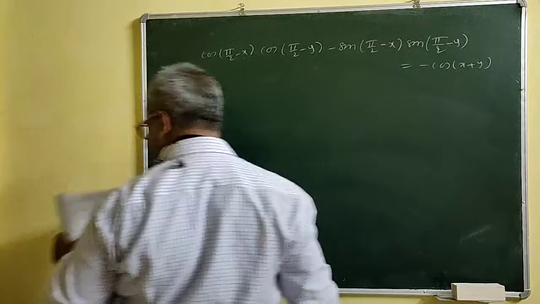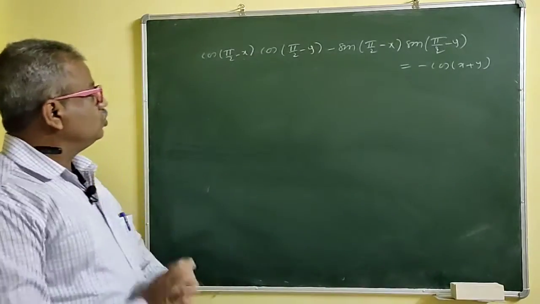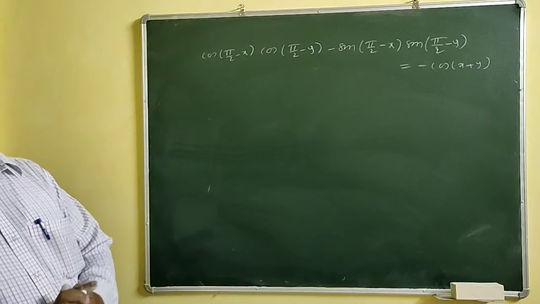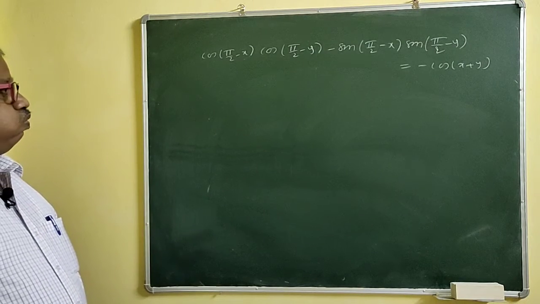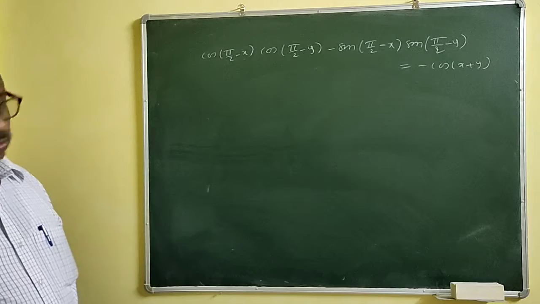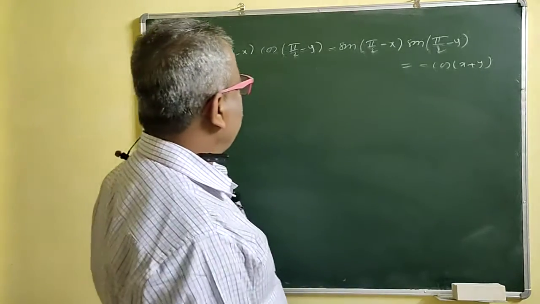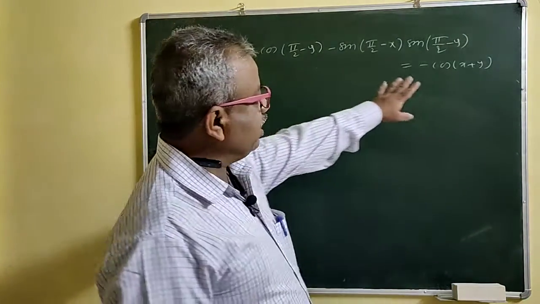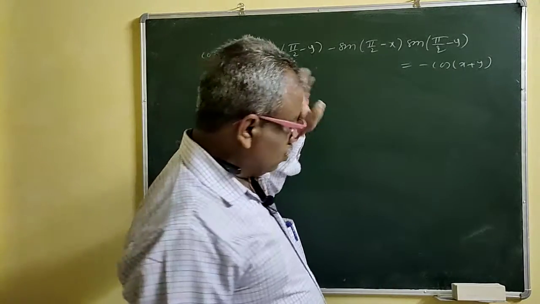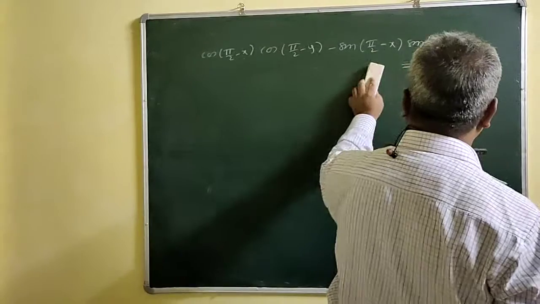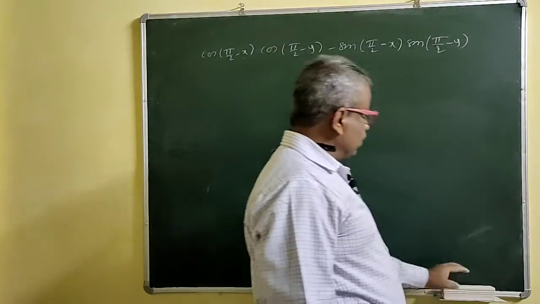This you want to prove. So you may take LHS, you may take RHS, it doesn't matter. It is better to take the LHS now, right? Okay, so we'll take the LHS.